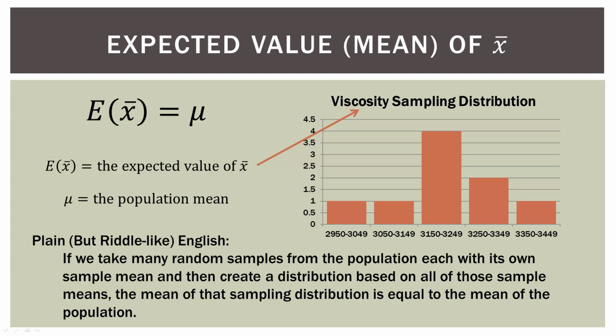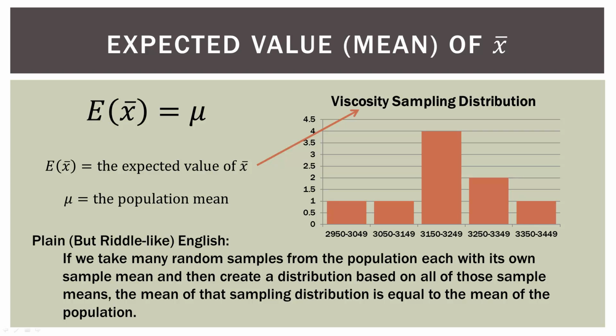Then we create a distribution based on those sample means. So we take many samples, then we create a distribution based on those sample means. Then when we do that, the mean of that sampling distribution is equal to the mean of the population. Okay?